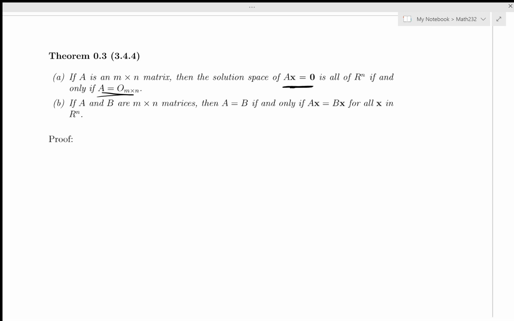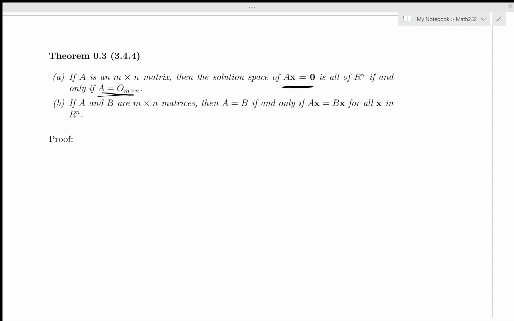Okay, so that is part A. And part B of our theorem: if we've got two m by n matrices, A and B, they are equal if and only if Ax equals Bx for all x in Rn. Okay, so we want to prove these two statements.